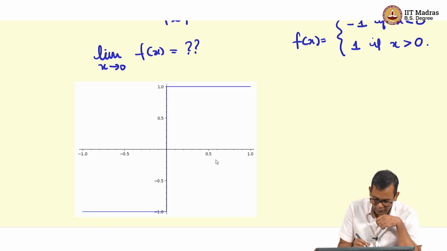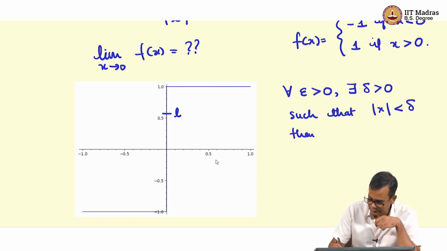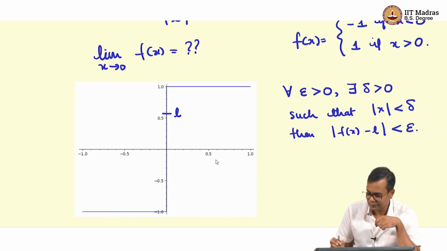Now, suppose the limit of this function is some number L, then what we would have is, given any epsilon greater than 0, there should exist delta greater than 0 such that if x minus 0, which means absolute value of x is less than delta, then absolute value of f of x minus L is less than epsilon.